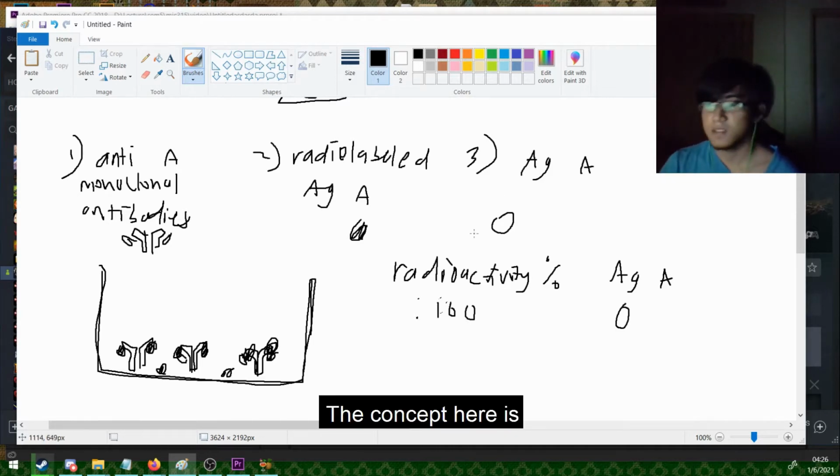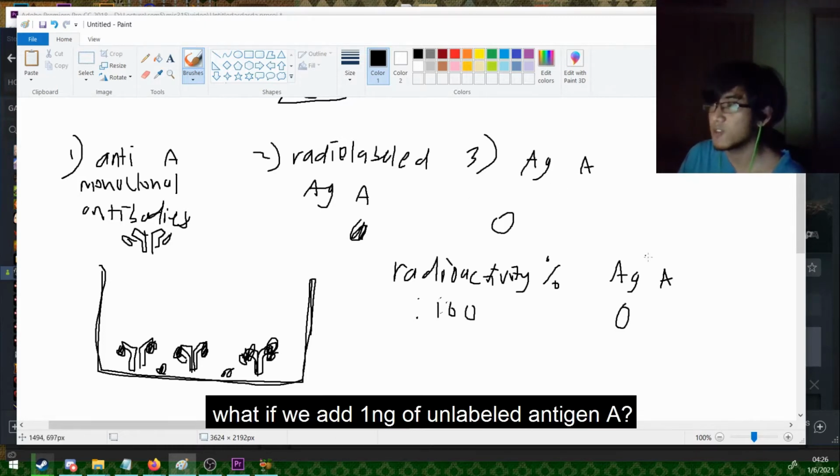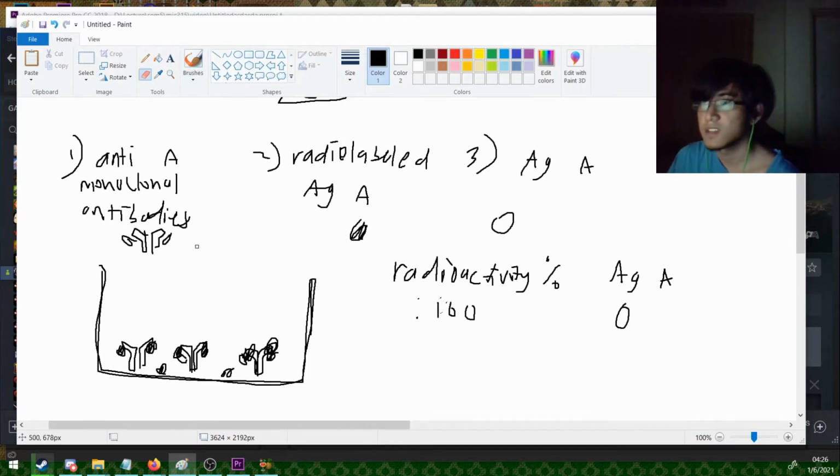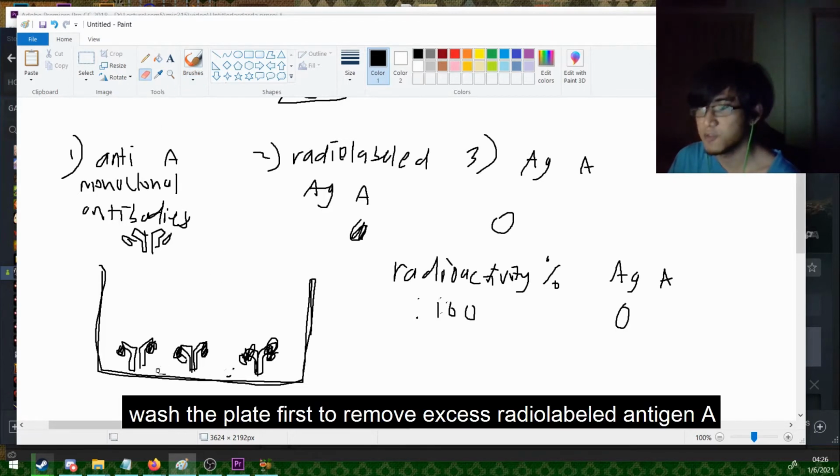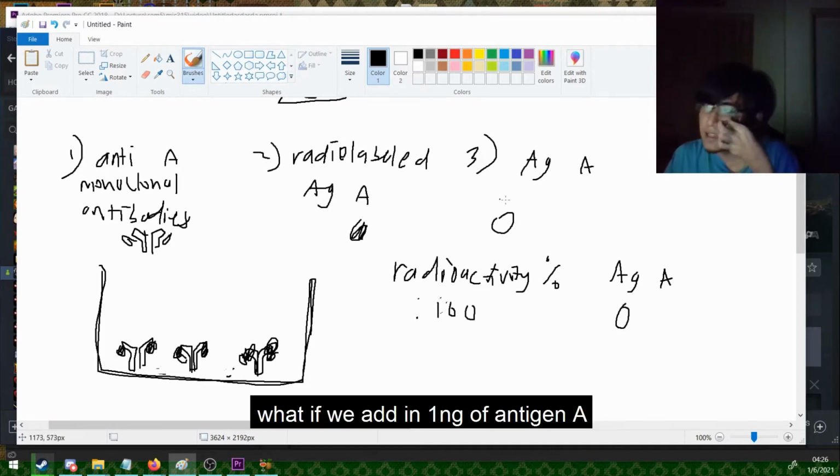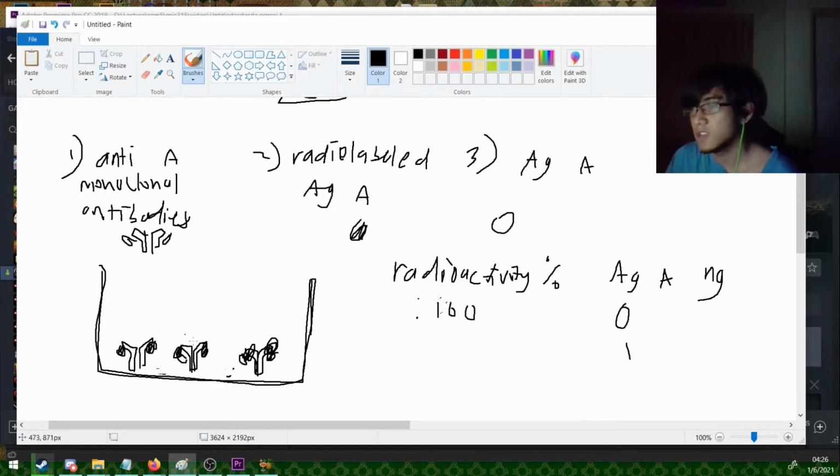So the concept here is, what if we add 1 nanogram of unlabeled antigen A into this? First, let's watch this. Remove the excess radiolabeled antigen A. So what if we add in 1 nanogram of antigen A into this?